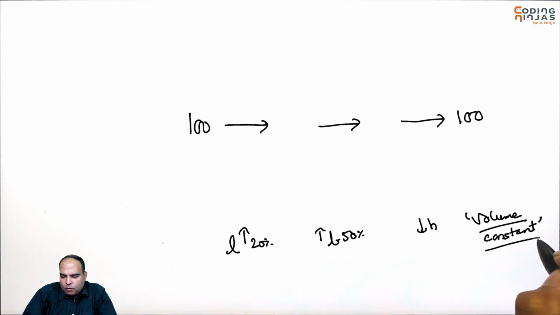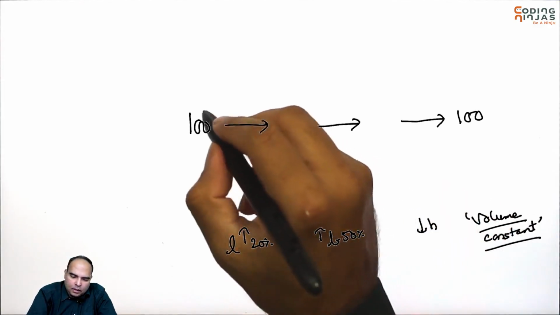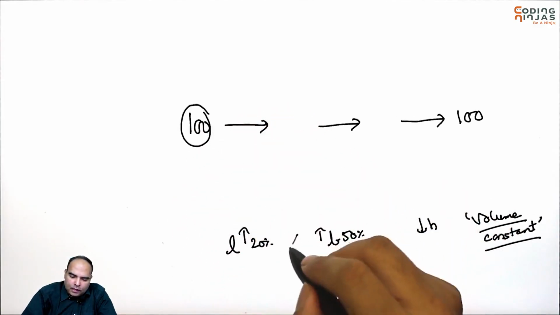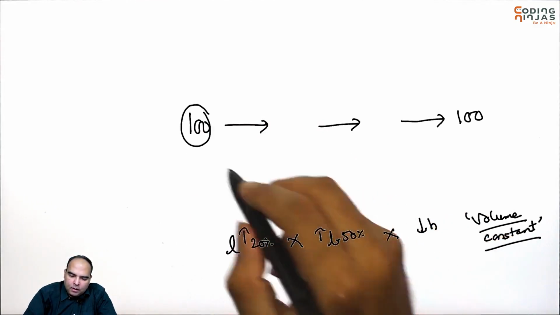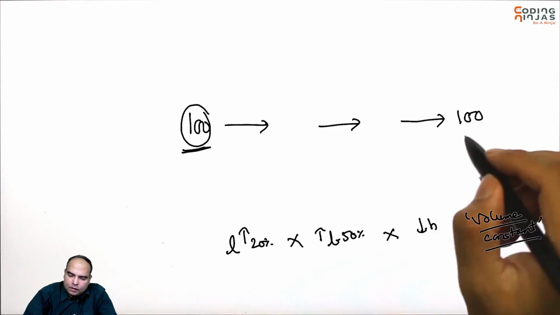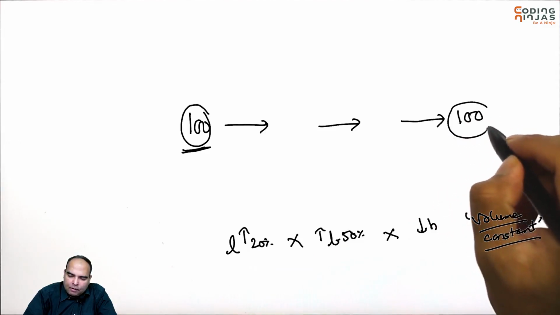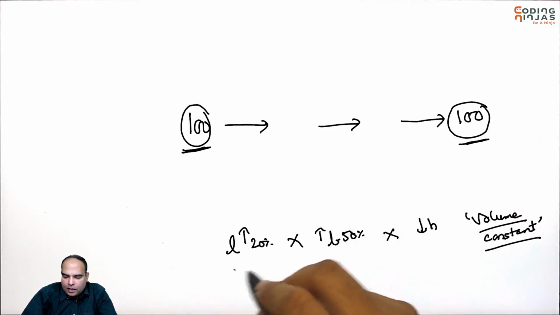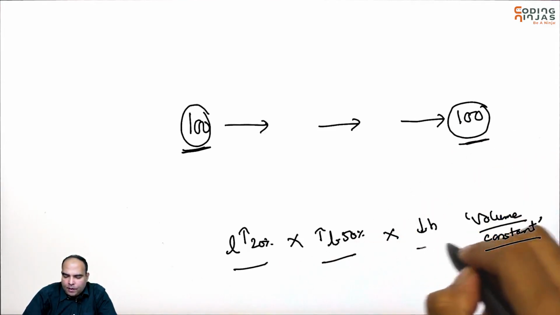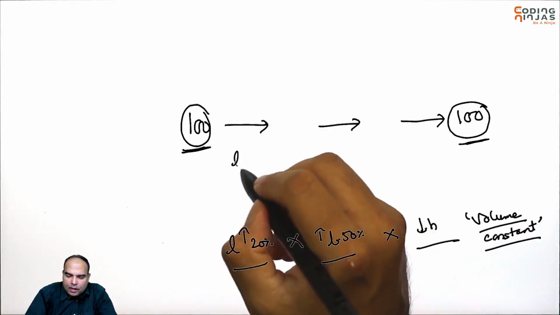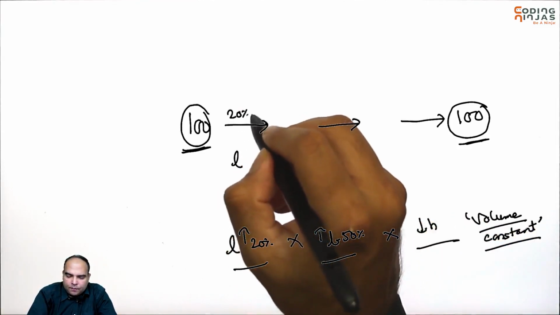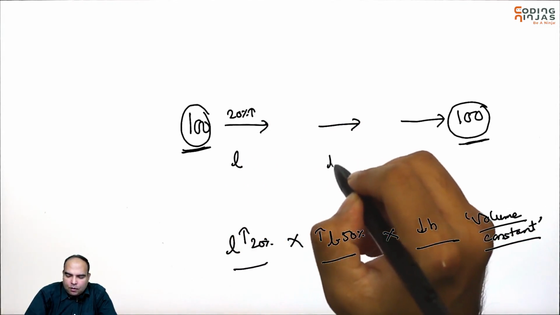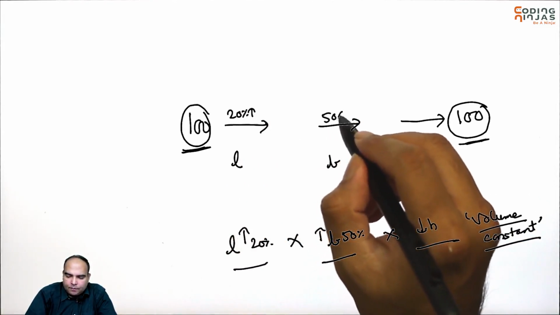If you want the volume constant, since the volume is the product of length into breadth into height, I put my starting volume as 100 and the ending volume also as 100, because the product has to be constant. I'll need 3 arrows, one for L, one for B, and one for H. The L arrow will have a 20% increment. The B arrow has a 50% increment.